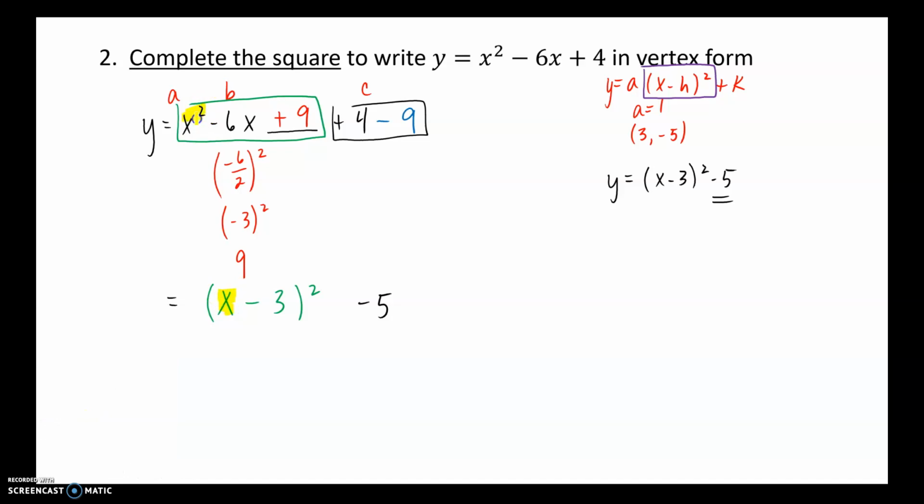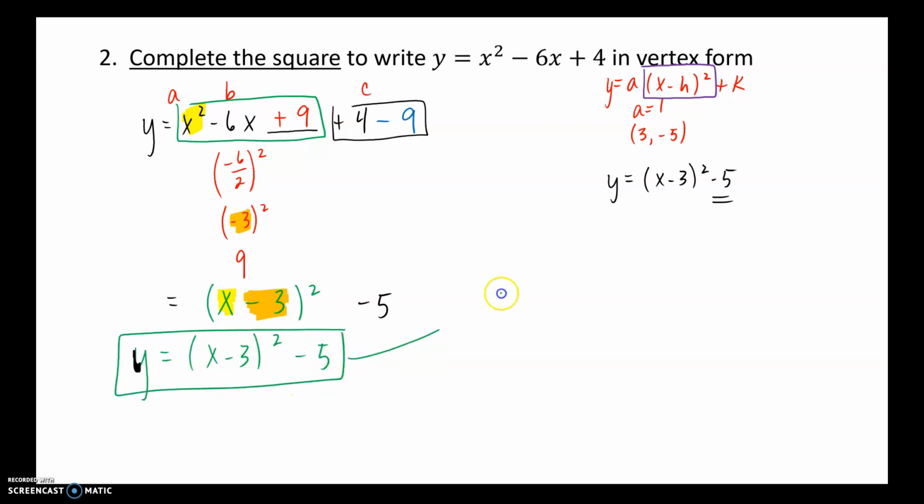My x, that's my square root of x squared. Where did you see minus 3 already? Well, my minus 3 is exactly the value of b over 2. So now when I clean it up and put it all back together, I have y equals x minus 3 quantity squared minus 5. Exactly what we showed on the previous slide.